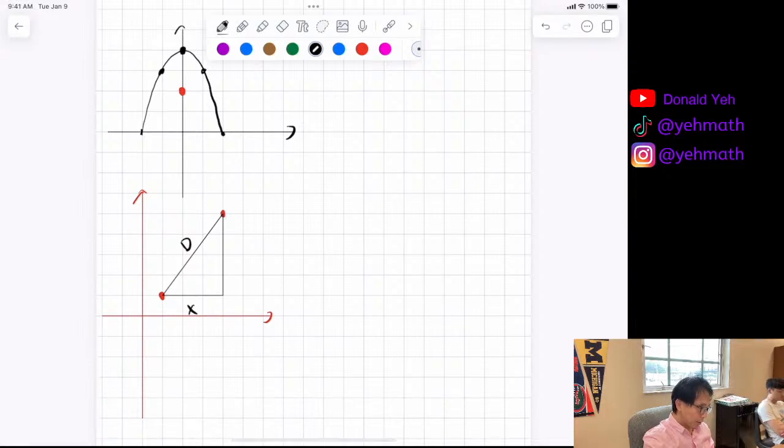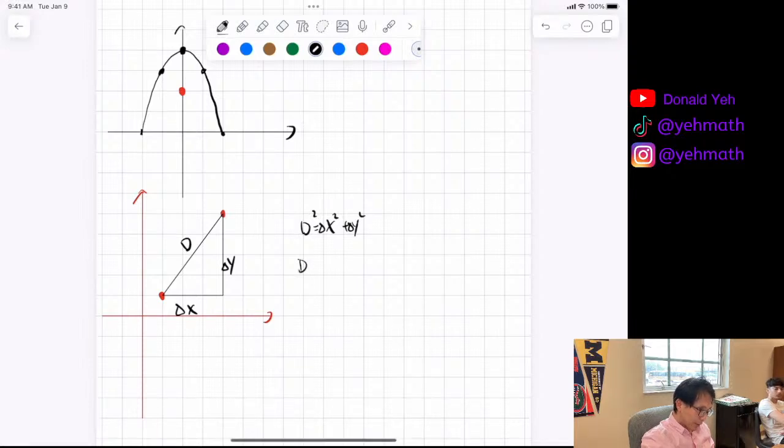So d squared is equal to x squared plus y squared, right? So the x in here is the delta x. Sorry, delta x and delta y. Why?